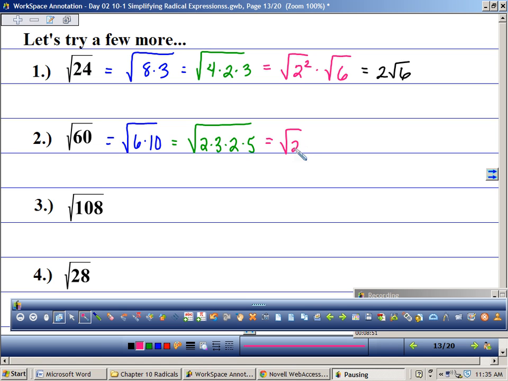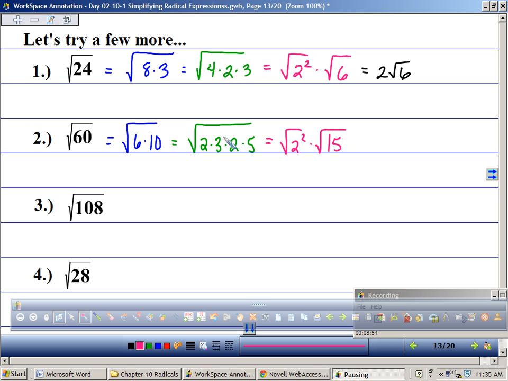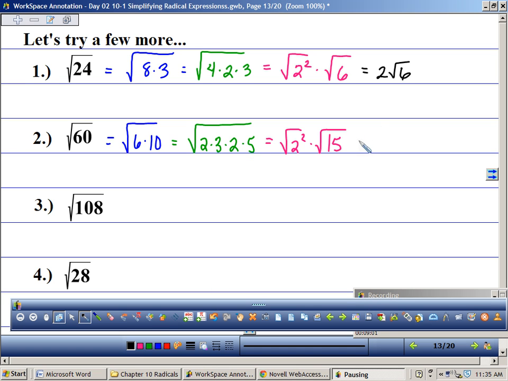Good. Then from there I could say 2 squared times 15, because the 3 and the 5 aren't going to do anything all by themselves, right? So finally, I have 2 radical 15.